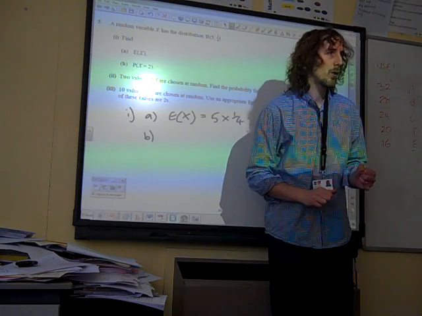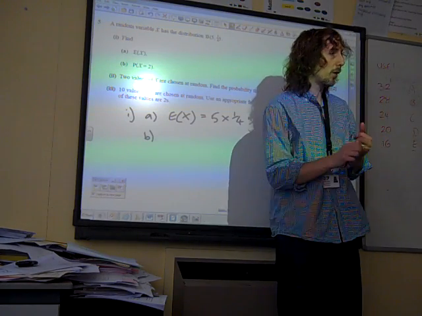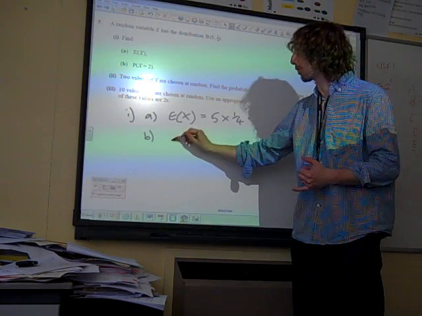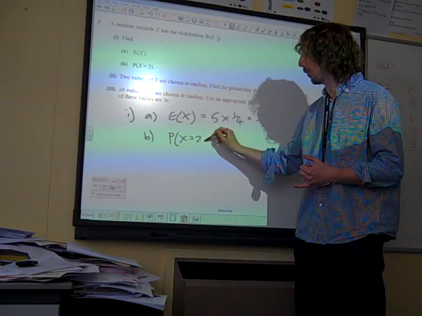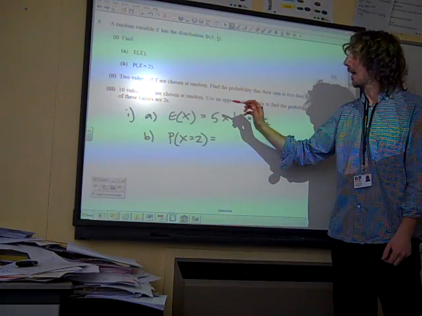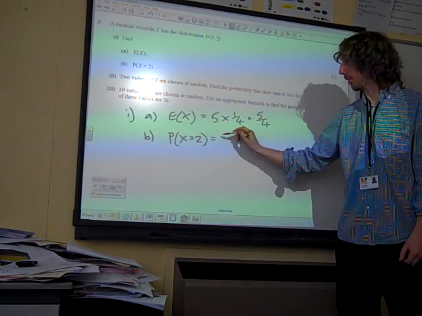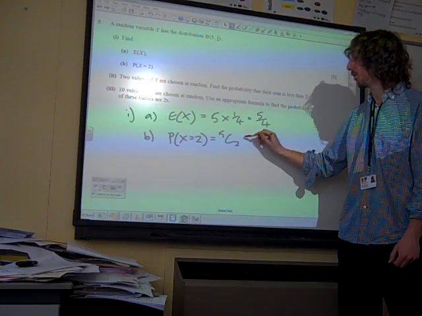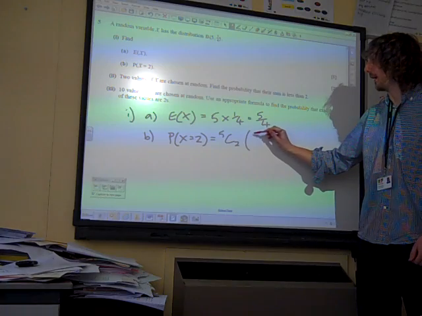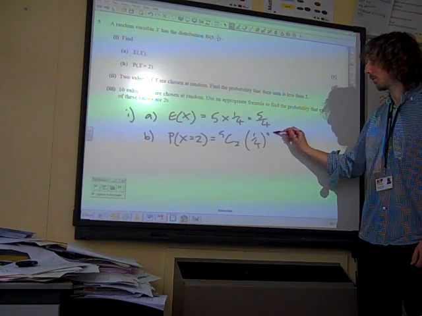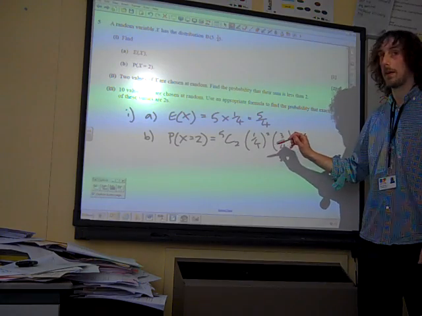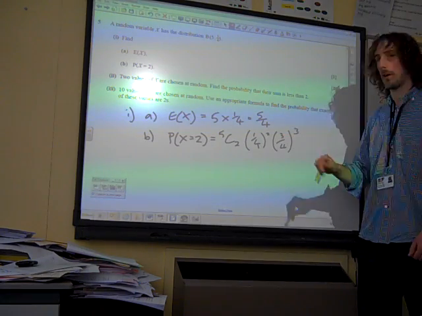Right, part 2. Also on the formula booklet, it gives the formula for each individual probability. The probability of x being equal to 2, according to the formula, is nCr, so 5C2, p to the power of r, so that would be a quarter squared, 1 minus p, so 3 quarters, to the n minus r, the 3.